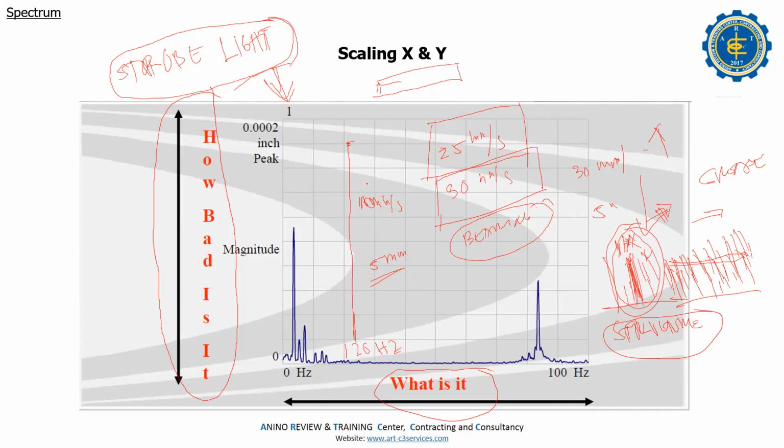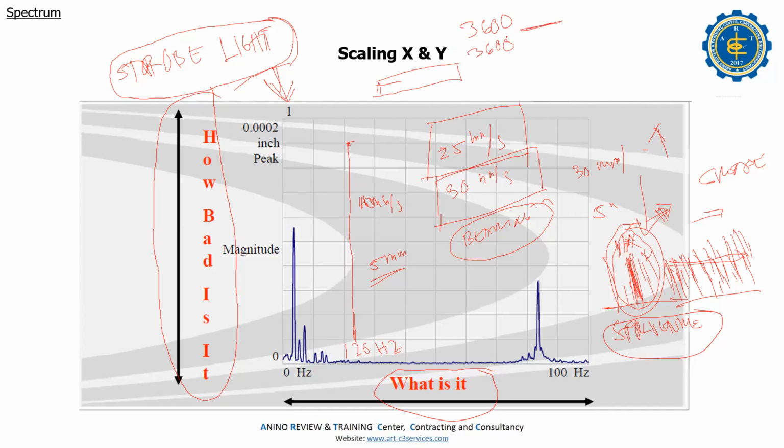You ask the management, sir, we use this strobe light. That's amazing. The shaft is running, but if you point the light, it stops. Example, your RPM is 3,600. You set the strobe light to 3600. Then the shaft stops.